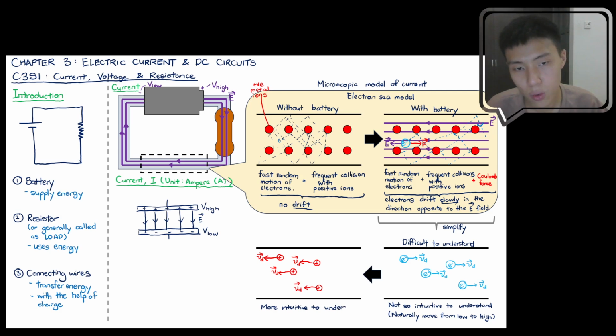Why is it more intuitive to understand right now? Because right now you can see that the charges are naturally moving, but they move in the direction from high to low. So this is easier to understand.